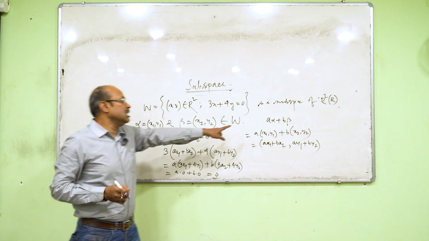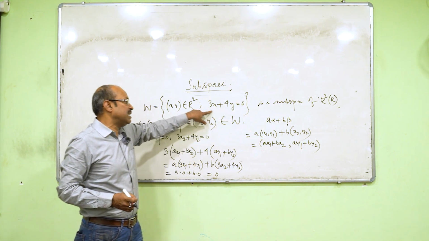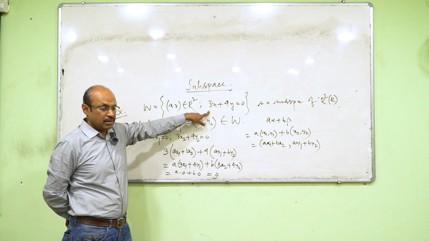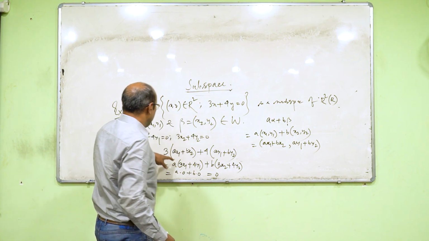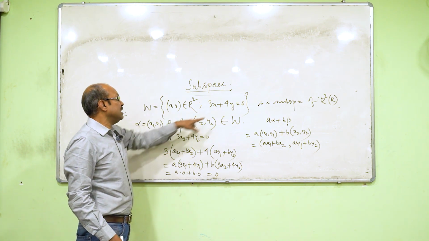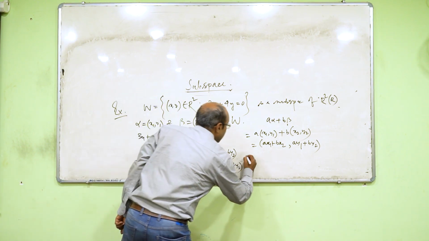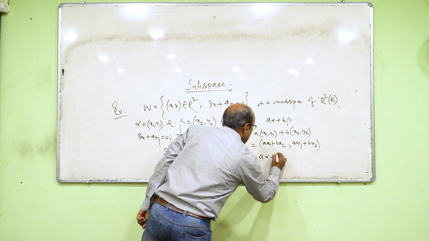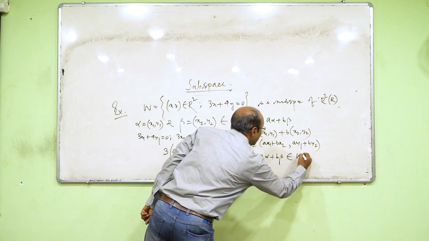That means this vector also satisfies the relation, and if it satisfies the relation, then it implies that A alpha plus B beta also belongs to capital W.